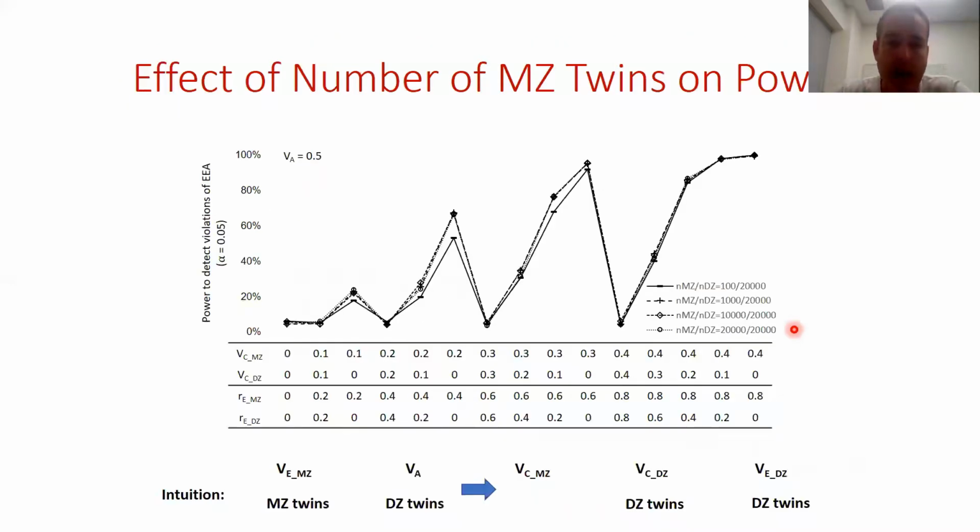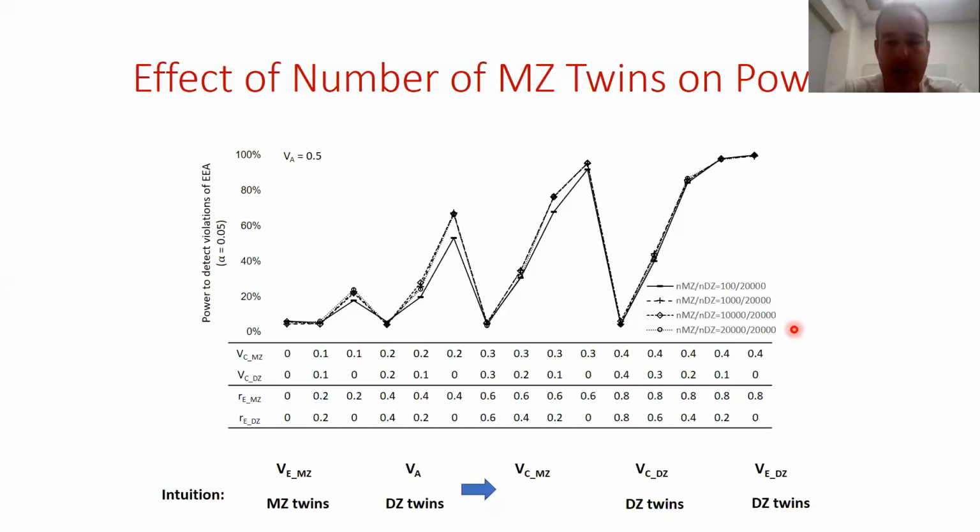We also looked at the effect of number of MZ twins on our power to detect violations of the EEA. And this was quite interesting in that our results suggested that the number of MZ twins is actually not all that important in terms of power. It's really the number of DZ twins that's the important consideration.